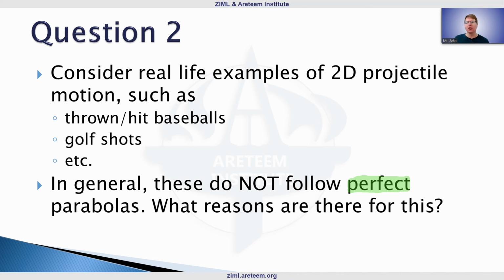There are some differences, and I challenge you to think about that a little bit, maybe try to do some research about that. Why do they not follow perfect parabolas? What assumptions are we making in our equations today that don't actually follow the real world applications?